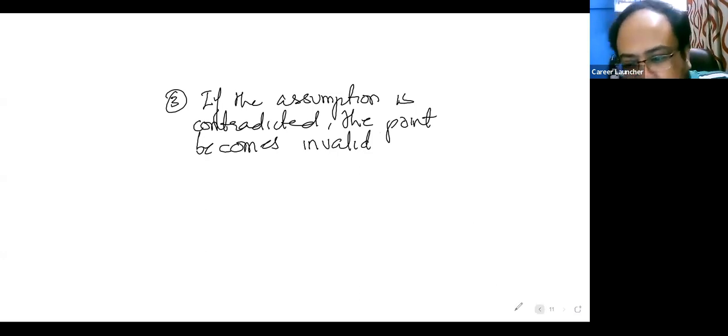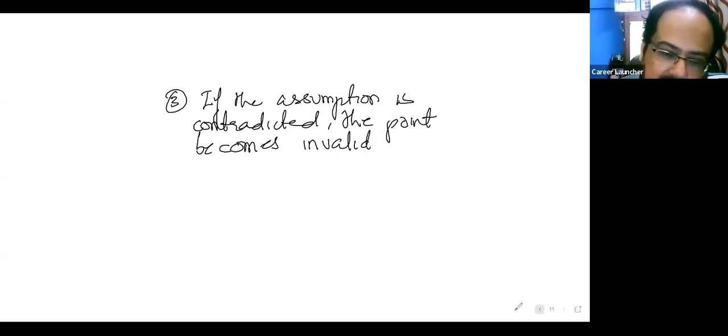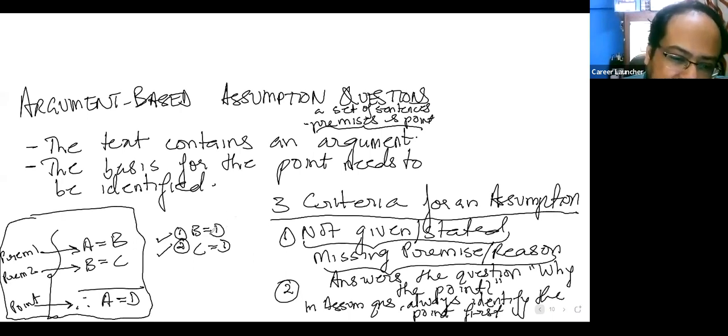So if I look back at my answer, the answer was B is equal to D or C is equal to D. Let me contradict one of these two. Let me contradict C is equal to D. So if I say C is not equal to D, then do you agree that the point becomes false?